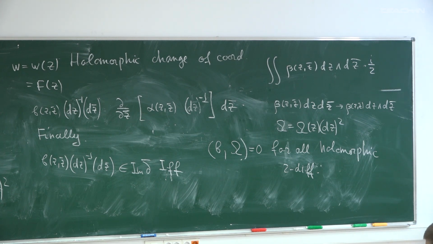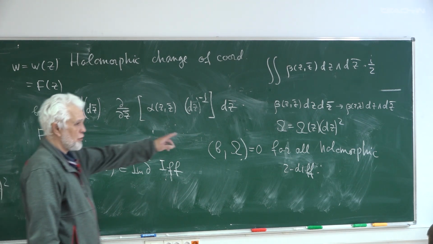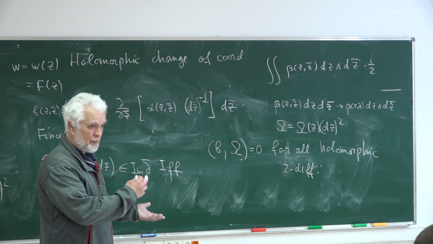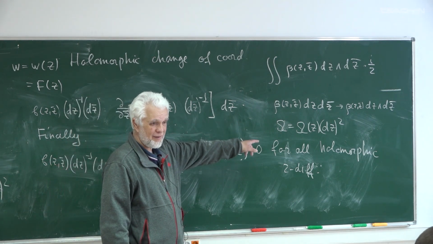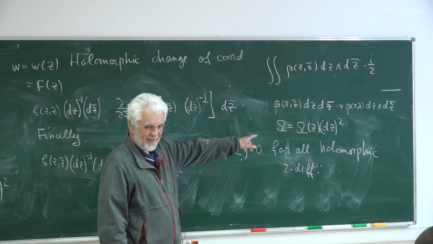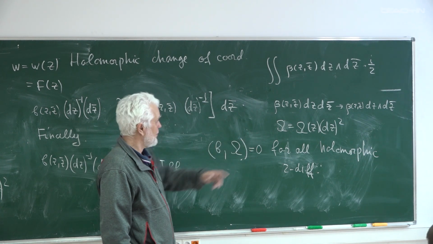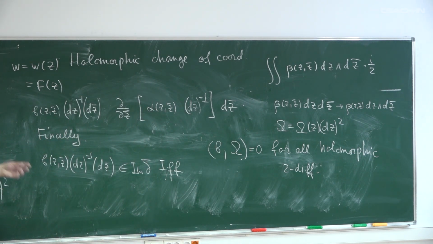For all such omegas. But we proved that the dimension of the space is... at the previous lecture, using the Riemann-Roch theorem, we calculated the dimension of the space. You remember? It was 0.